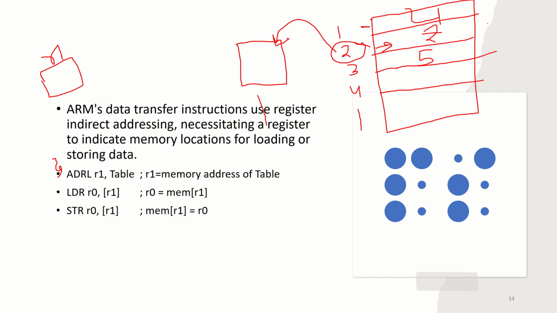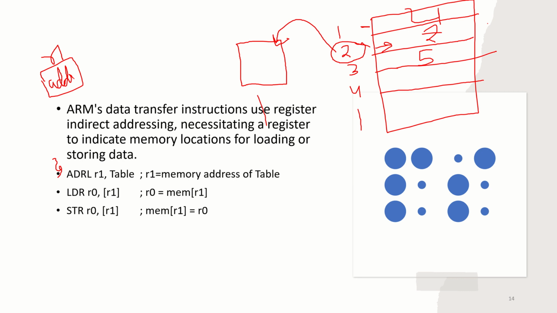If you have studied some programming before, it is somewhat similar to pointers. A pointer stores the address. Similarly, this register, which can be any general purpose register, is storing the memory address of table.